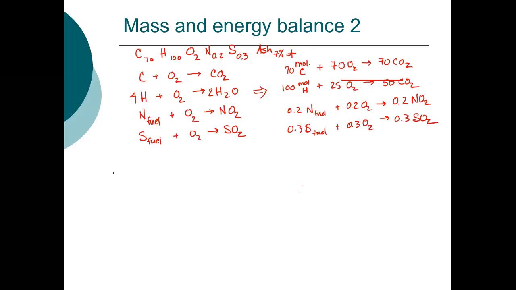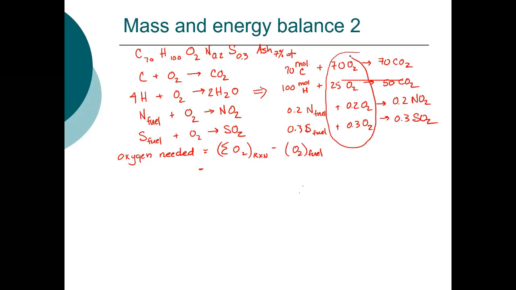Okay. So the next thing we need to calculate is the amount of oxygen needed. And that is equal to the sum of the oxygen for each of the reactions minus the oxygen in the fuel. So we'll simply add up each of these terms right here.